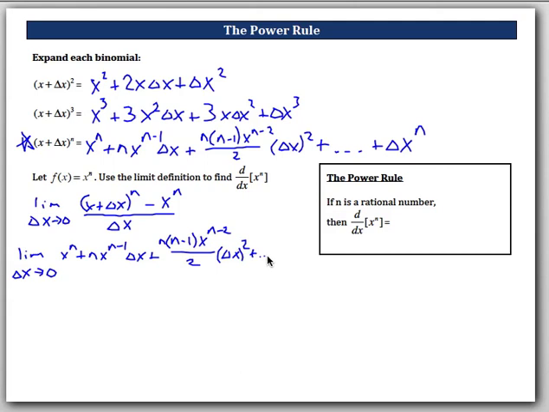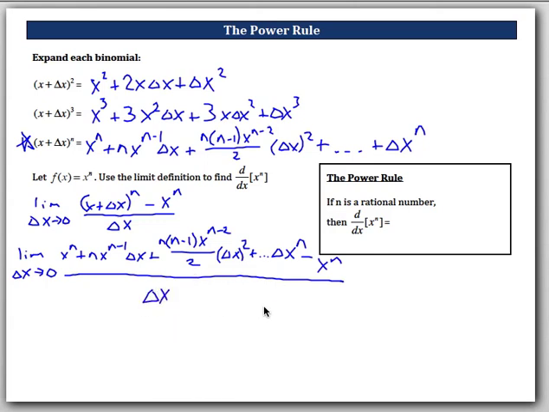And that continues on until we get to delta x to the nth power. And don't forget, we still have this minus f of x, so minus x to the nth. And this is all over delta x.